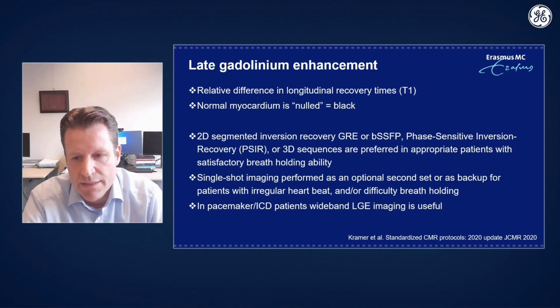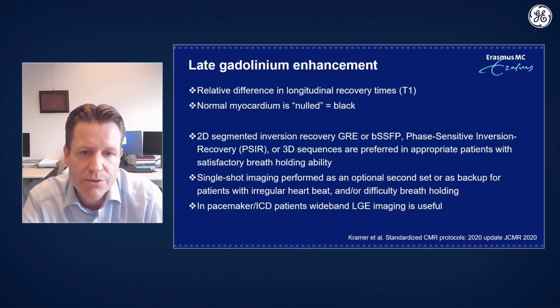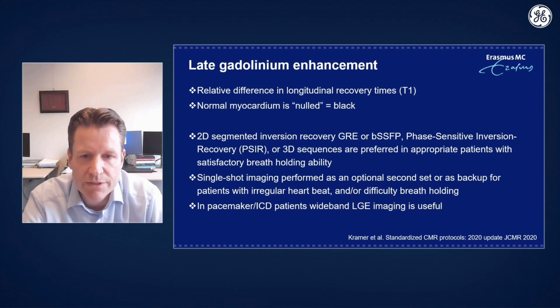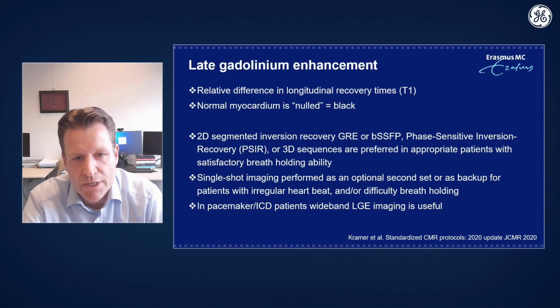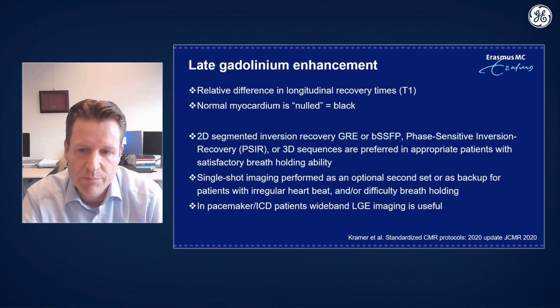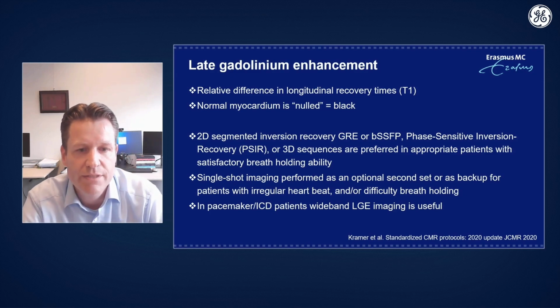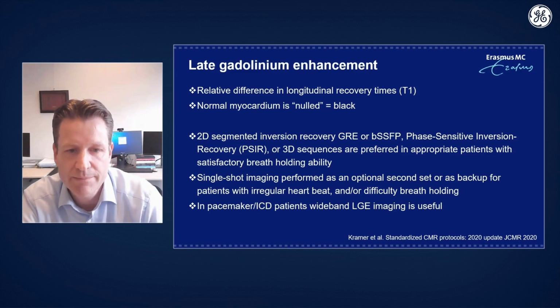Normally, this is from the standard CMR protocols. In the JCMR, we use a 2D segmented inversion recovery sequence, for example, a phase-sensitive inversion recovery or a 3D sequence. These are preferred in appropriate patients with satisfactory breath holding ability.